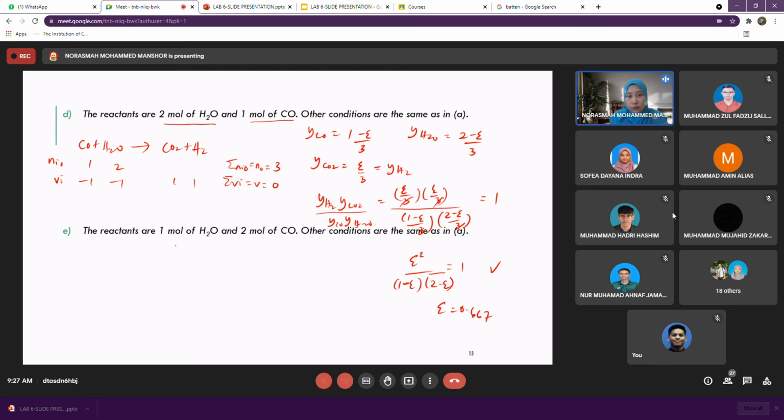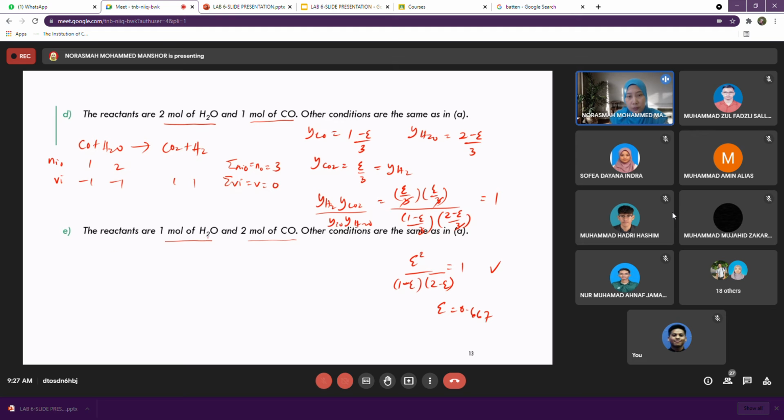Alright, now for E, the reactant are 1 mole H2O and 2 mole CO. Other conditions same as in A. So untuk yang ni macam D tapi dia terbalik.